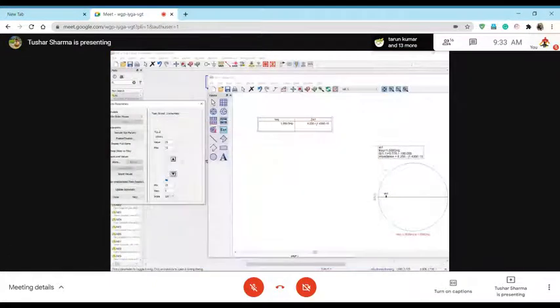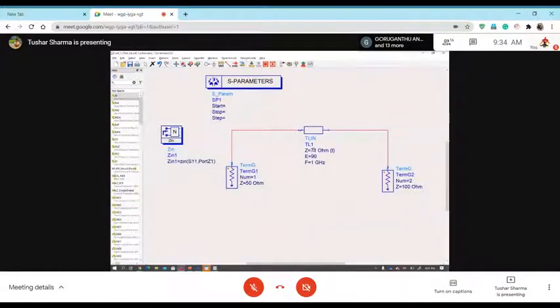This is what I'm showing here: as I change my Z naught of the line, my impedance varies. So technically, say I want 50 ohms, I update it.